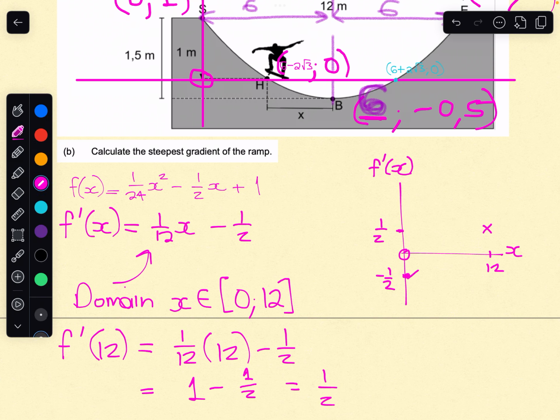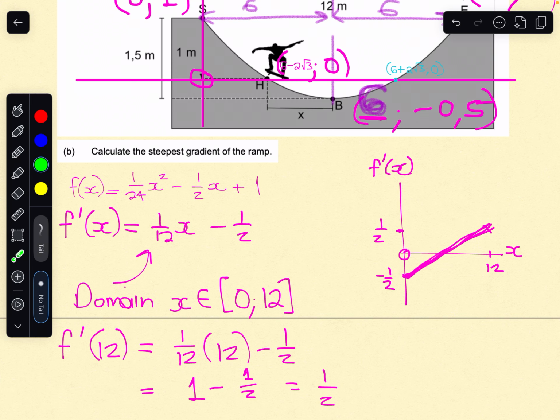So we have the gradient being a straight line like that, the gradient of this curve. So where is the curve at its steepest? This is the highest point, the highest gradient value in this domain from 0 to 12.